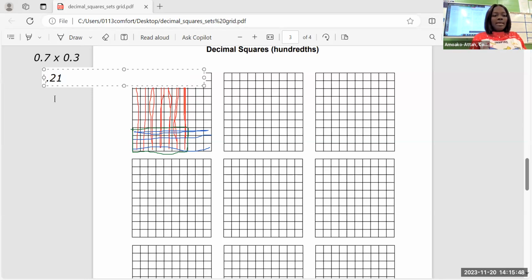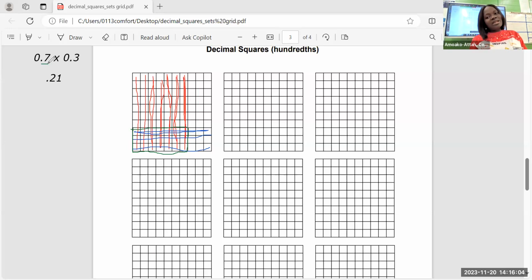Again, if you want to use the algorithm to multiply, this becomes 7 times 3, which is 21, right? Then count how many decimal places you have in each problem. For the first problem, we had 1 digit after the decimal point. In the second, we also have 1 digit after the decimal point. So if you multiply 7 times 3, you get 21.